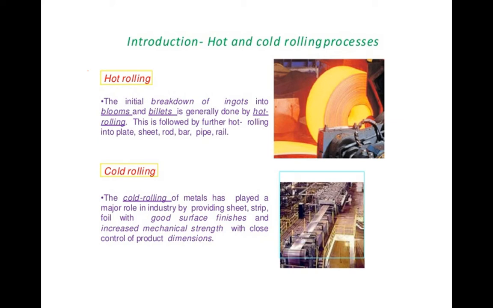So the initial breakdown of ingots into blooms and billets is generally done by hot rolling. This is followed by further rolling, where billets are converted into plates, sheet, rod, bar, pipe and rails. Cold rolling of metal has played a major role in industry by providing sheet, strips and foil with good surface finishes and increased mechanical strength with close control of product dimensions.